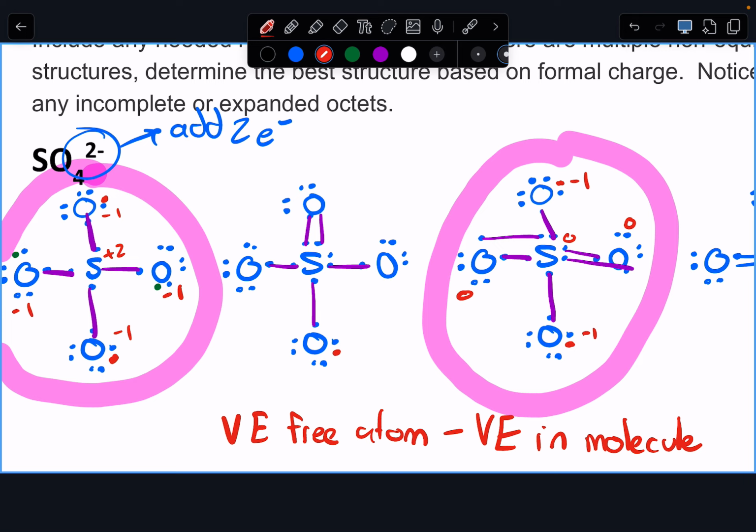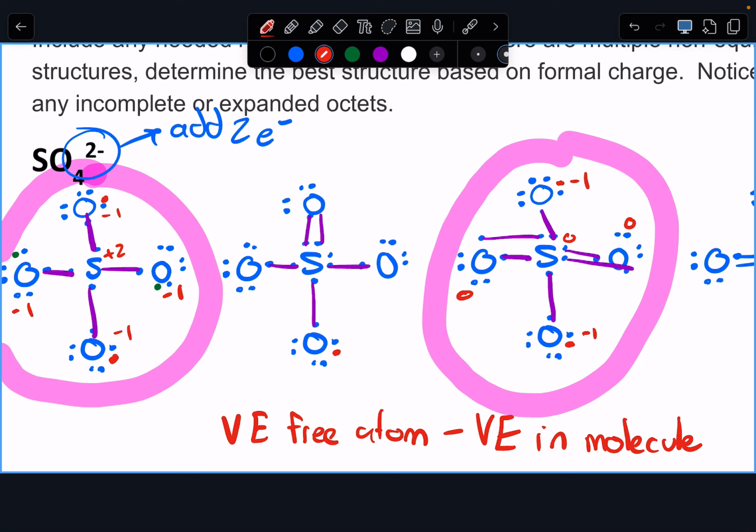So on this structure, I've got -1 on all the oxygens and over here, zeros on 3 of them, -1 on the oxygens, so they add up to -2. So this is an instance where I can't get everything down to 0. It's just not possible, okay? That's okay. I want them to be as close to 0 as possible. So this structure is way better because I'm getting them a lot closer to 0.